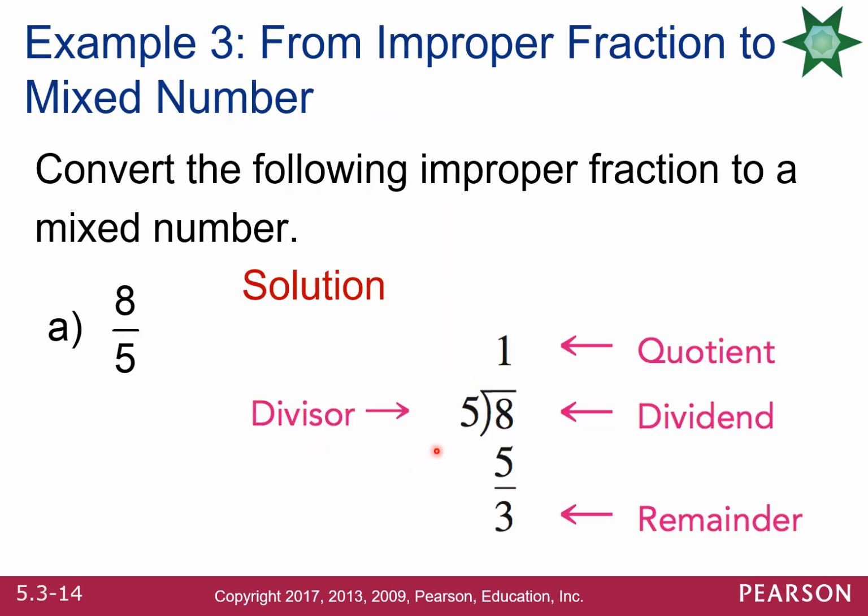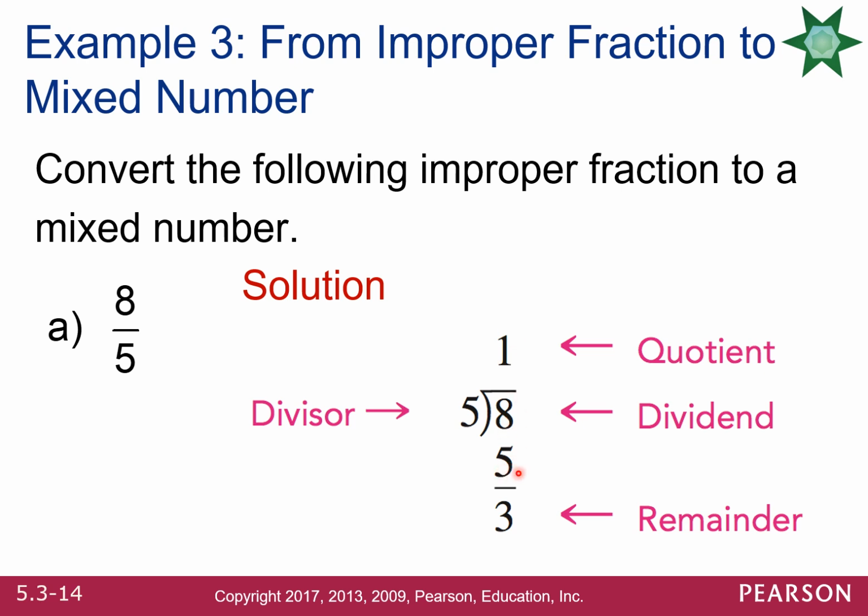So here's an example of converting an improper fraction to a mixed number. The improper fraction provided to us is 8/5. So the first step is to perform a division, that is, divide the numerator by the denominator. And that's what they have done here. They have shown the process of division. 8 divided by 5. 5 times 1 is 5. So we write the 1 on top, 5 below the 8.